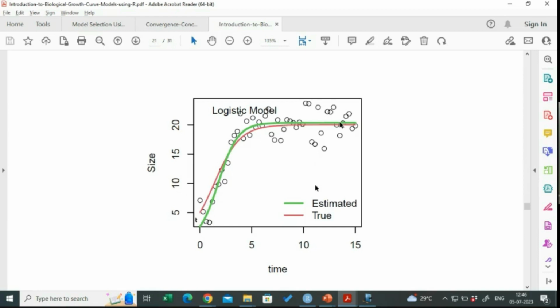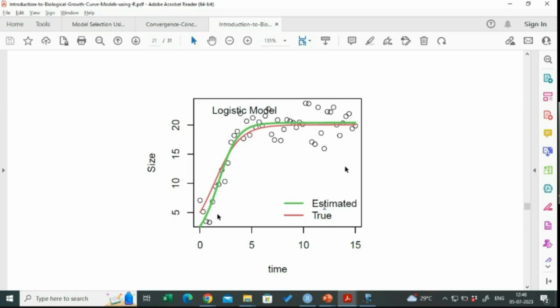However, in real life, you are never going to see this true line because we always collect data from events, natural processes, environmental processes, or financial movements, stock market data, those things, right?